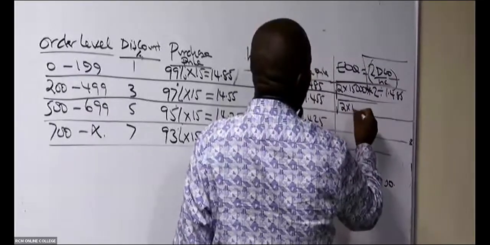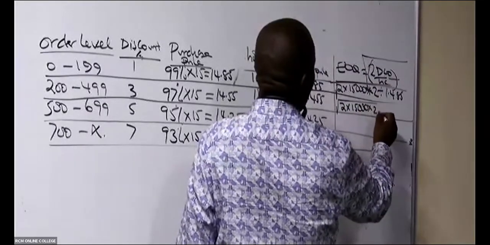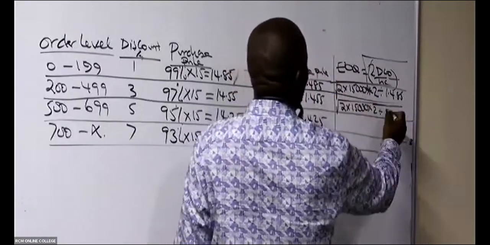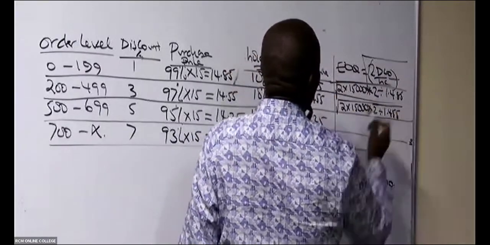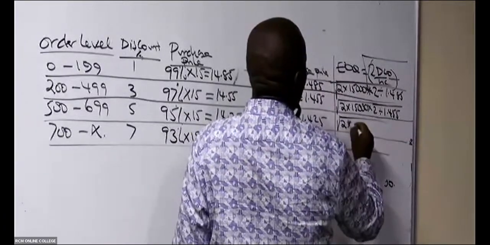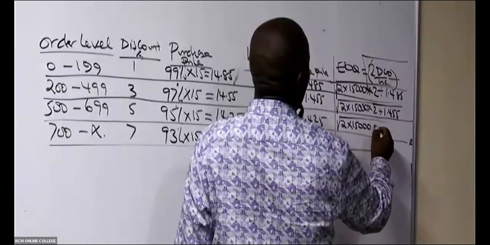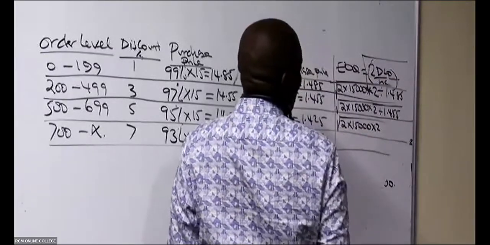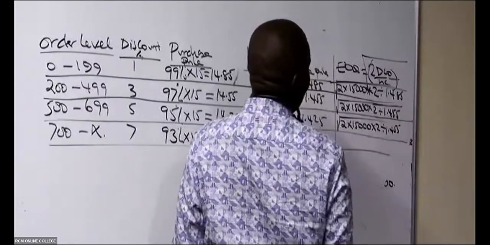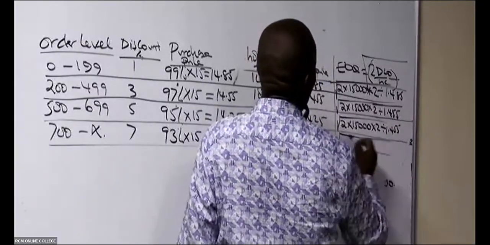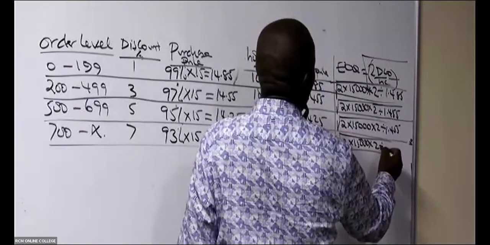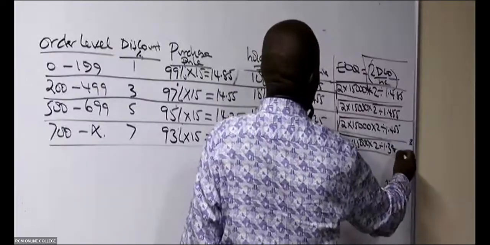So the square root of 2 times 15,000 times 2 divided by 1.455, and then the same for 1.395.